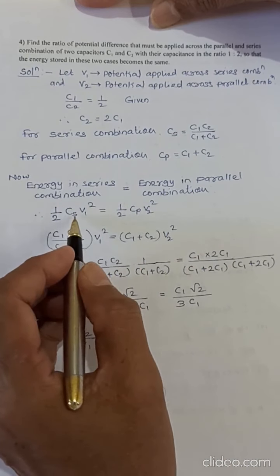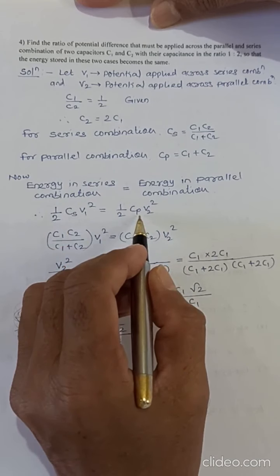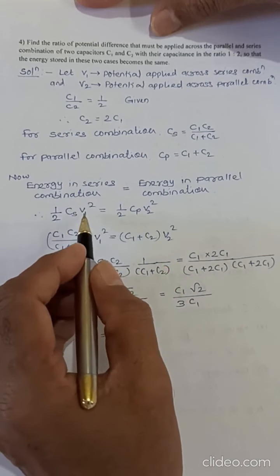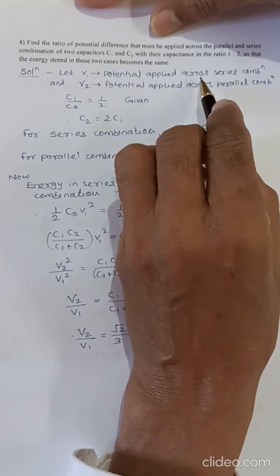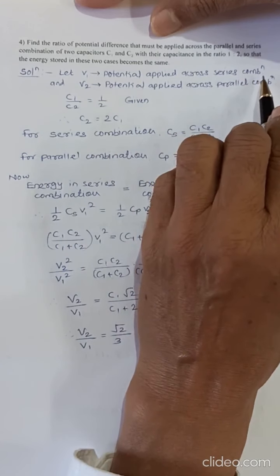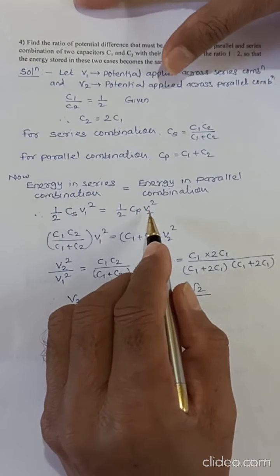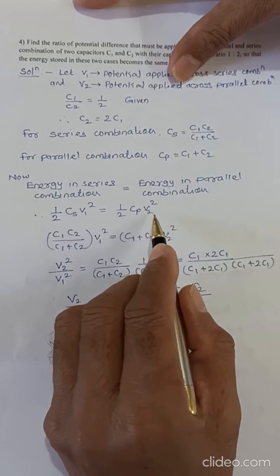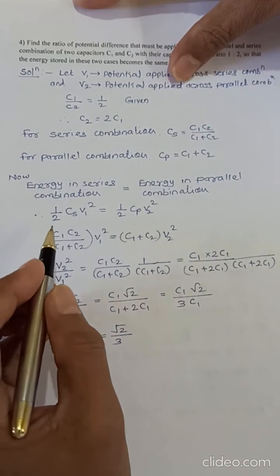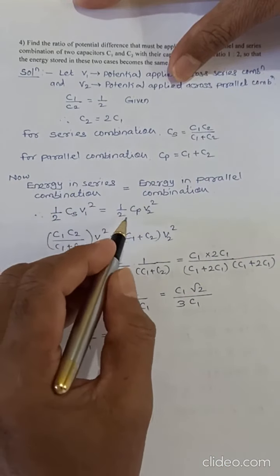CS is the series equivalent capacitance and CP is the parallel equivalent capacitance. V1 is the potential applied across the series combination of the capacitors, and V2 is the potential applied across the parallel combination. So 1/2 gets cancelled.